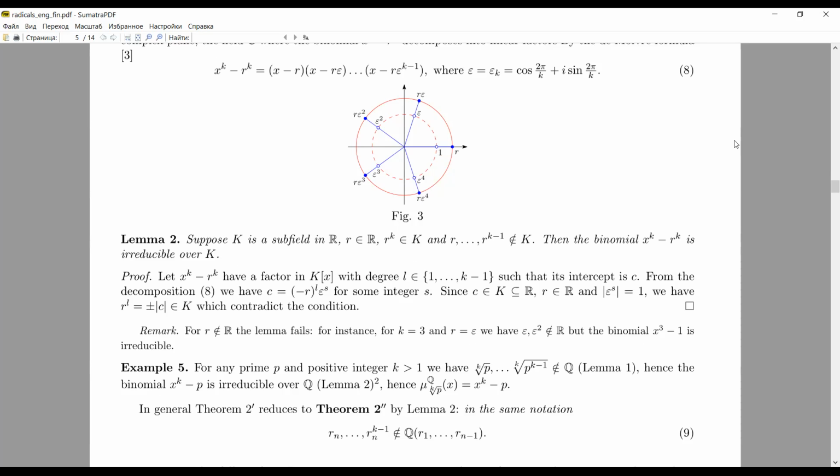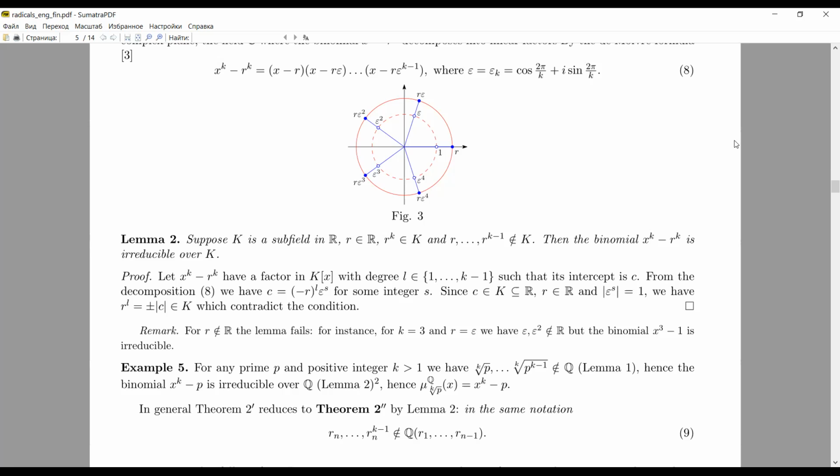But K and r both are real, so we get that C is real as well. Of course, C belongs to K. So it means that the power of r to the l belongs to K, but it contradicts the condition of the lemma.